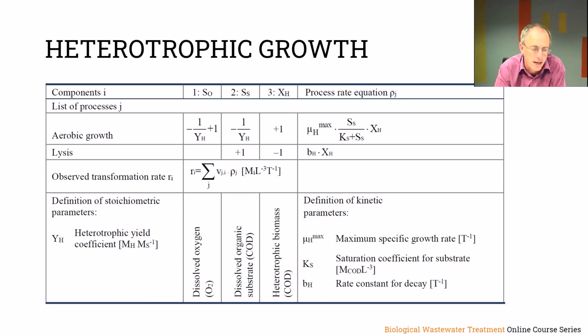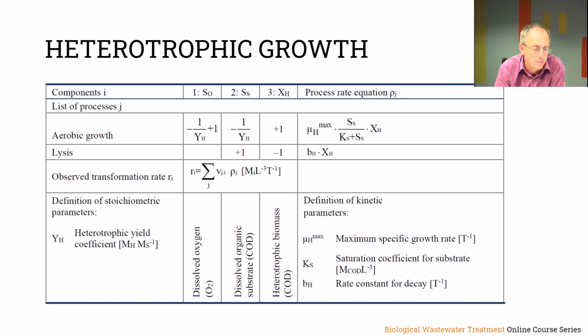So for the aerobic growth you have 3 stoichiometric factors. One is equal to 1. The other is the yield coefficient for the substrate. And then the oxygen follows from the COD balance. And for lysis, we also define 1. We consume biomass. And again, from the COD balance, the substrate production should then be plus 1.